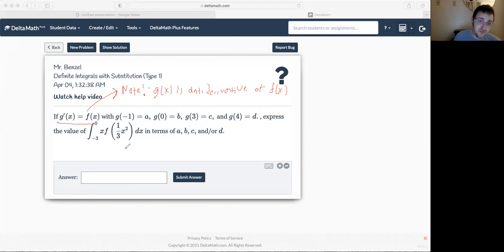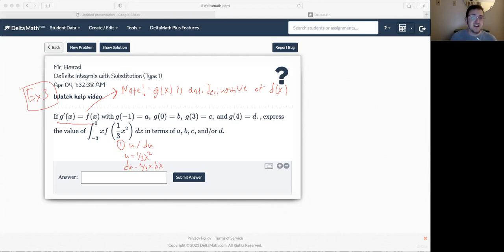All right. So this will start very similar to the way that we did the other problems. So first part, u du type of stuff. So our u is equal to 1/3 x squared, and this is example 3, by the way. Our du is going to be 2/3 x dx.